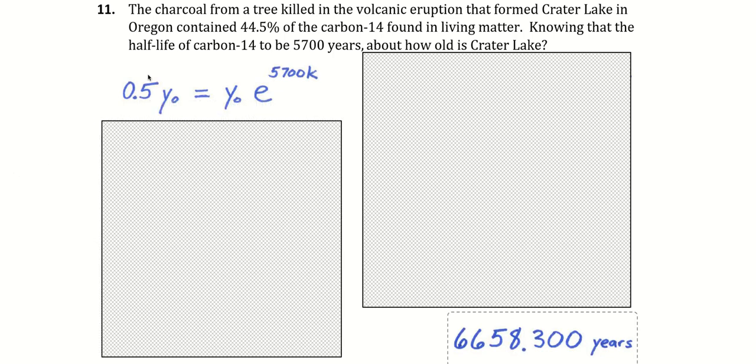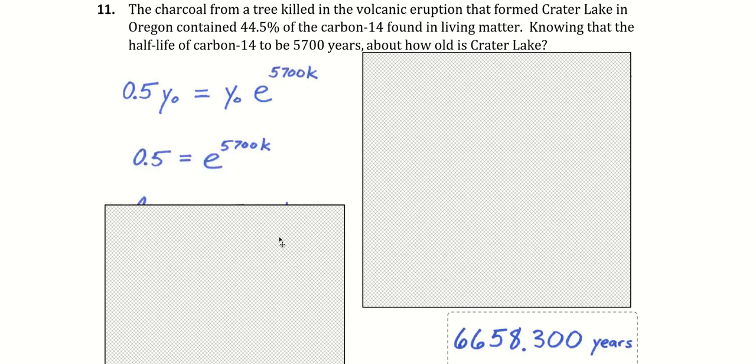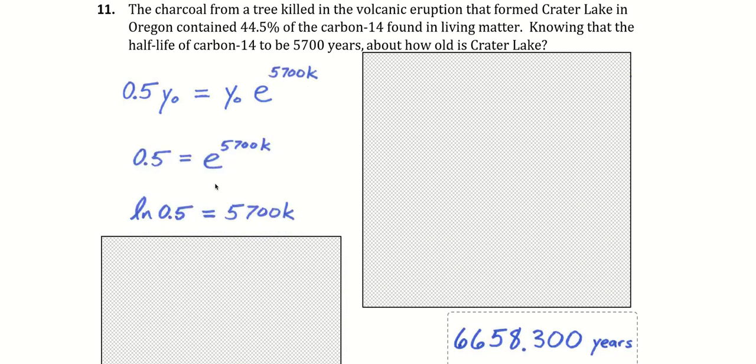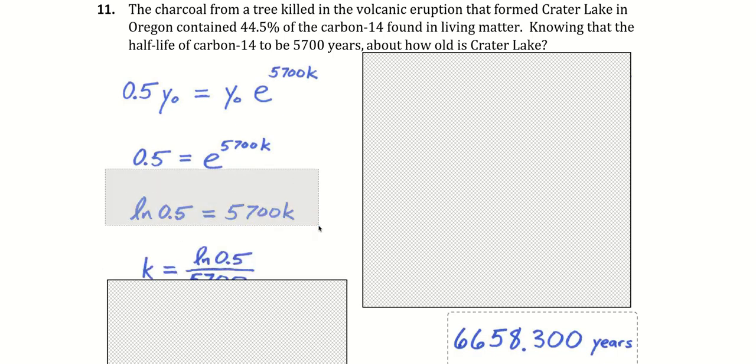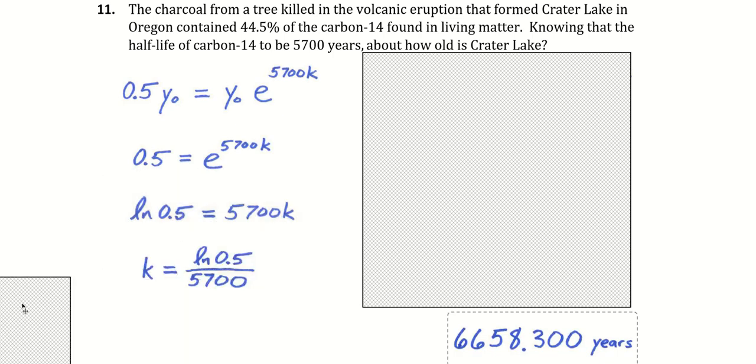But first thing you got to do is, well, okay, so if you end up with half the amount after that many years, for that T value, you can end up solving for K. The Y initials cancel out. You take the natural log of both sides, and then you solve for K. But yeah, again, fun fact, you're always going to get that K value for carbon dating.